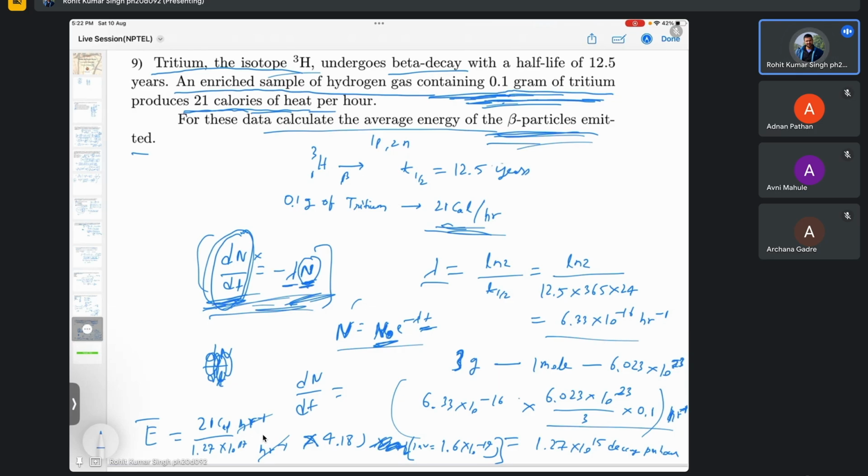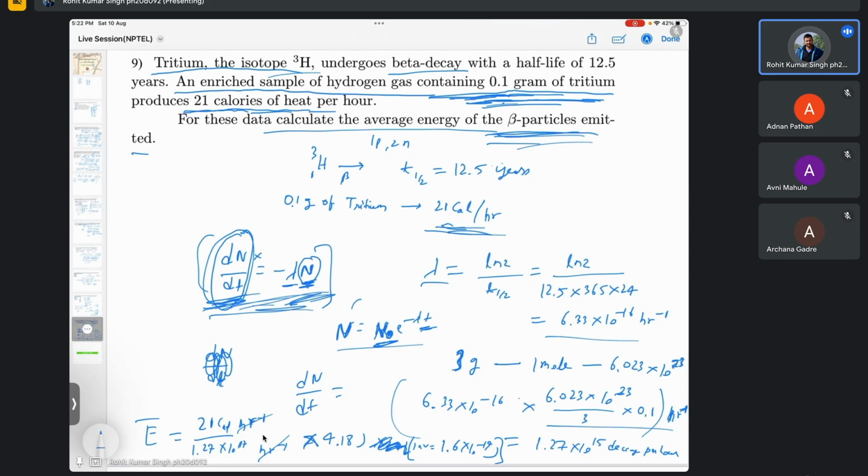And since we are just concerned with the rate of the decay, we can use that number in this formula. So that's what we have done.